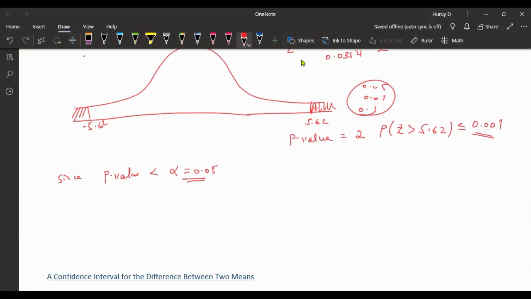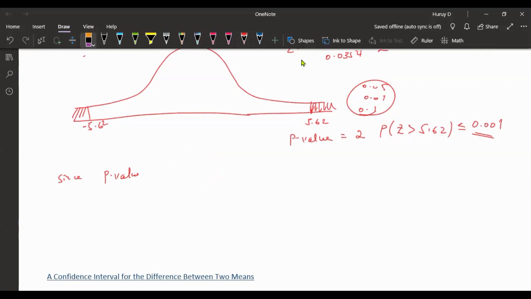But here, even if you don't mention this number, as you can see, this is very small. So it doesn't matter for any alpha, this is small. Therefore, you can skip this. You don't have to mention this one for any alpha. So since the p-value is very small or very low, we reject the null hypothesis.